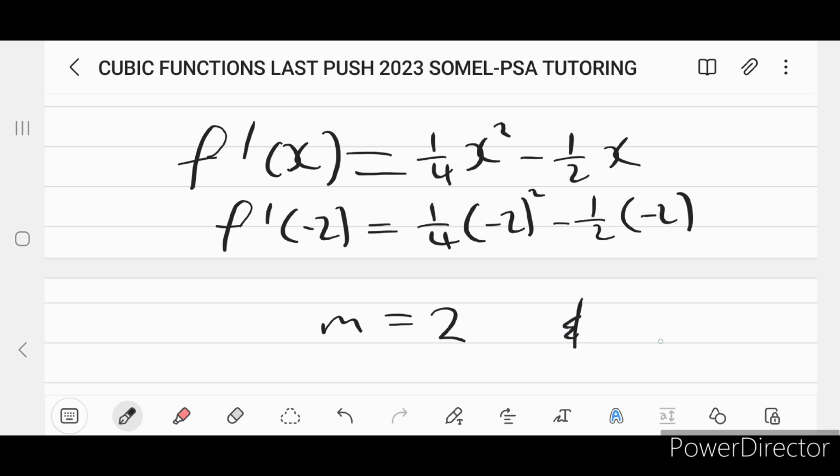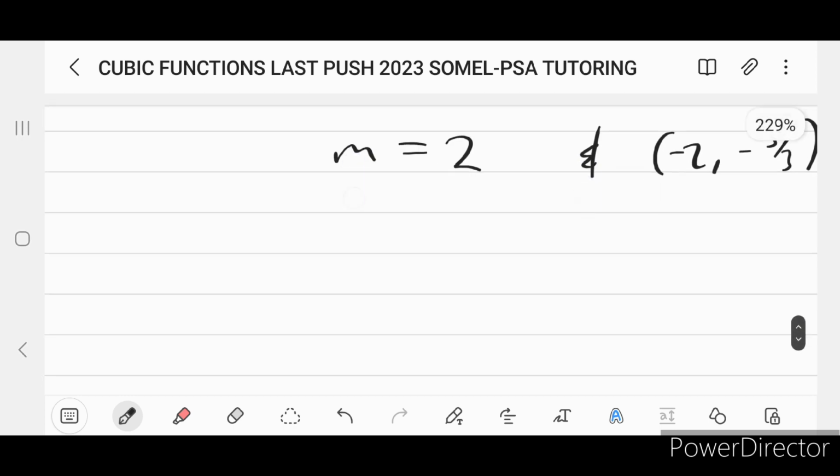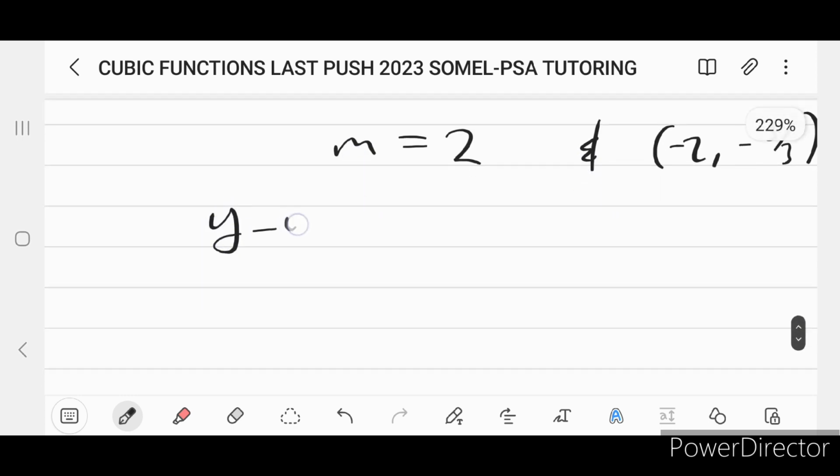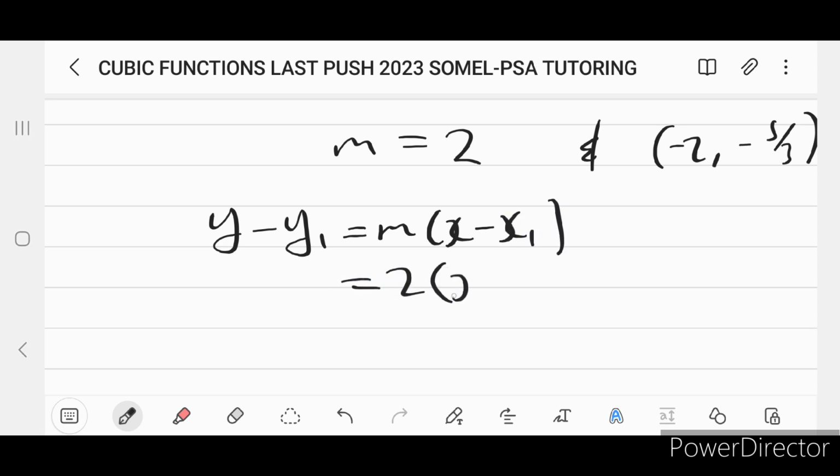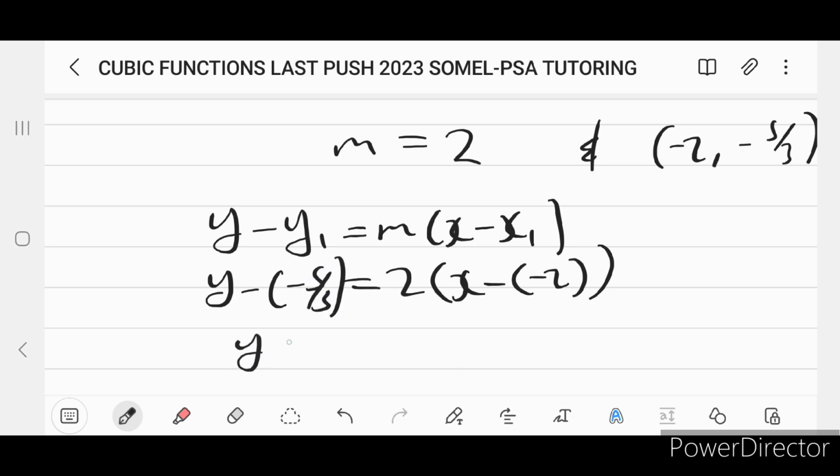So I have a gradient and a point, negative 5 over 3. So you can just use that straight line formula, x minus x1. So my gradient is 2x minus of minus 2, and then y minus of minus 5 over 3, y plus 5 over 3, 2x plus 2.